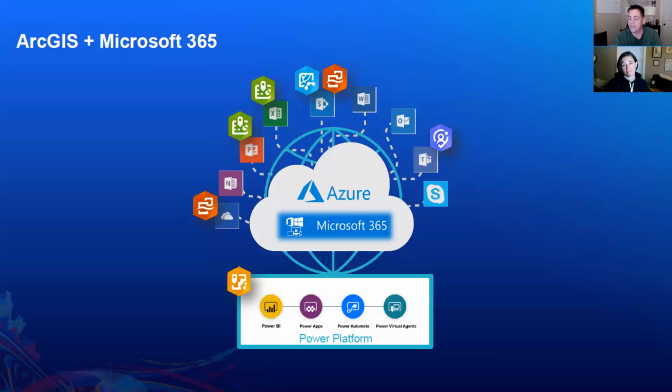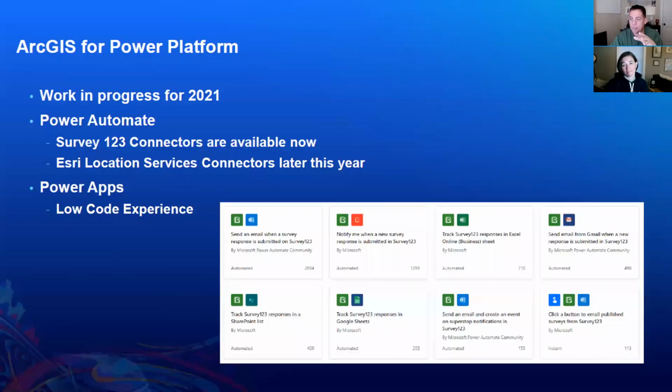So I saw a lot of that integration. I heard a lot about how Esri is building this thing called ArcGIS for Power Platform, to support Power Automate, the event agents, the Power applications, Power BI, anything that's coming out of that Microsoft 365 platform.